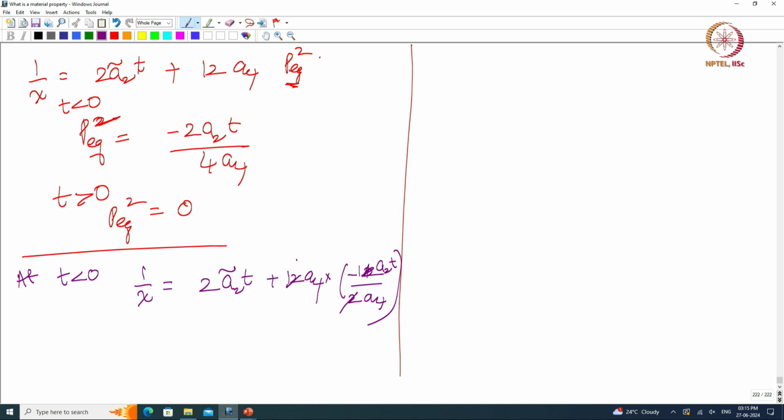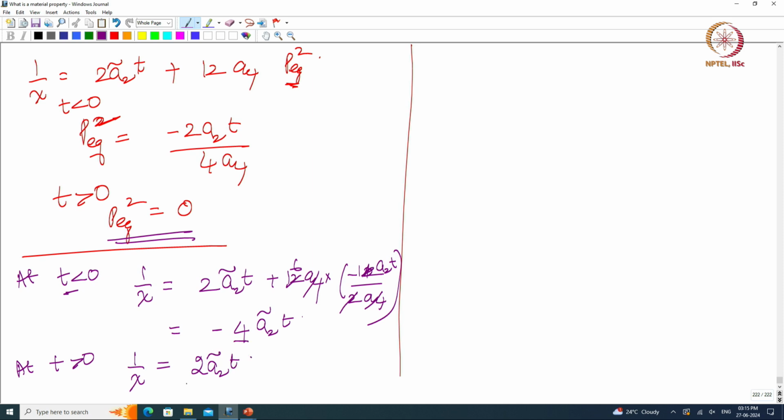So, I have a 6 here and this is a minus. So, that is equal to minus 4 a2 tilde t, and a4 also goes. So, 1 by susceptibility is minus 4 a2 tilde t at t less than 0, and at t greater than 0 I substitute p equilibrium square equal to 0. So, 1 by susceptibility is just 2 a2 tilde t, okay.